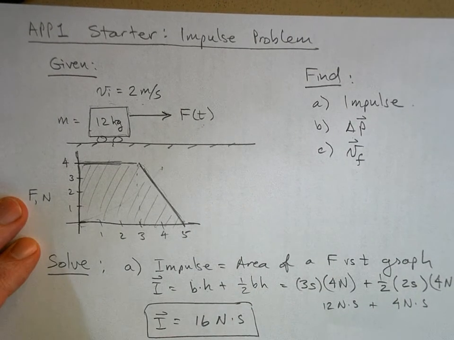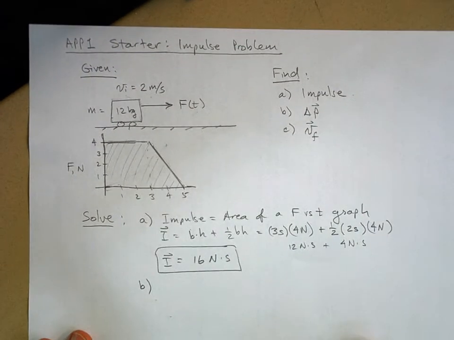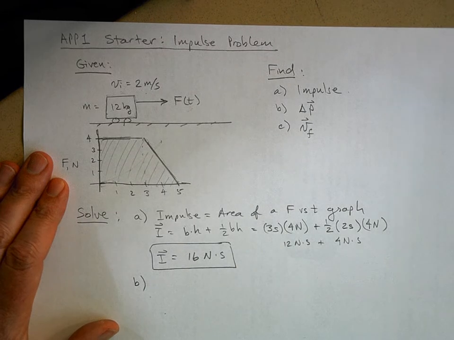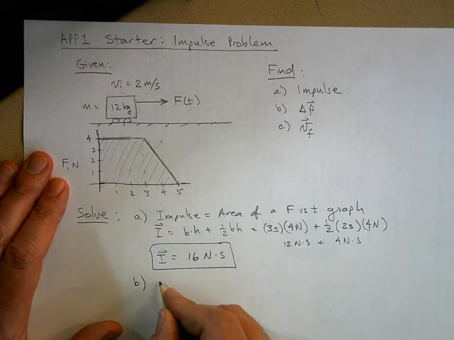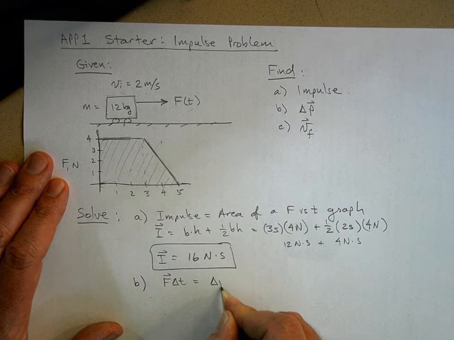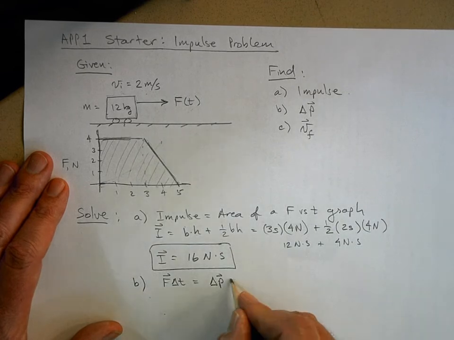Well, for part B, and let me zoom out a little bit here. For part B, now we can apply the impulse momentum theorem, where it says the force times time, which is the impulse, is equal to the change in momentum of the object. So now we know what the change in momentum is.